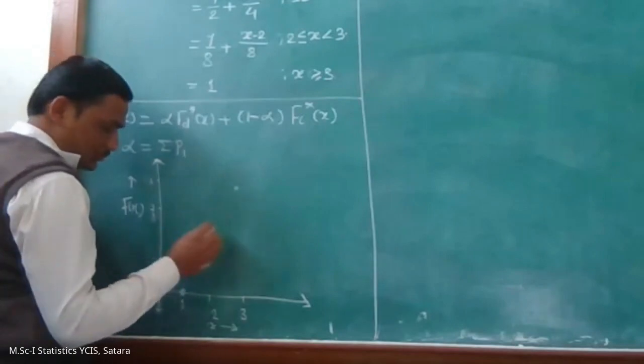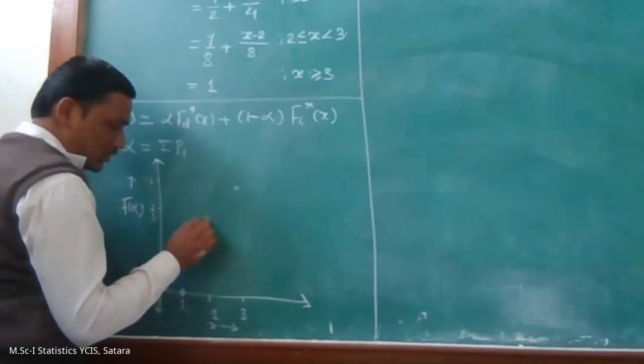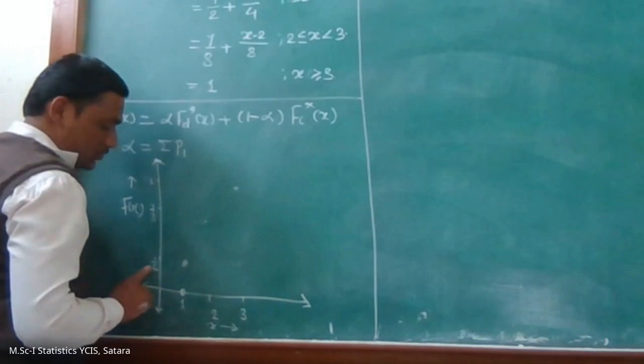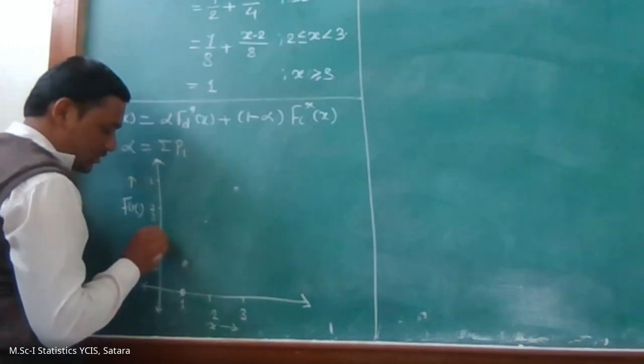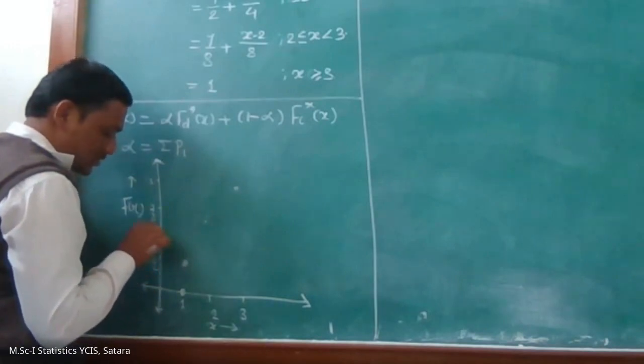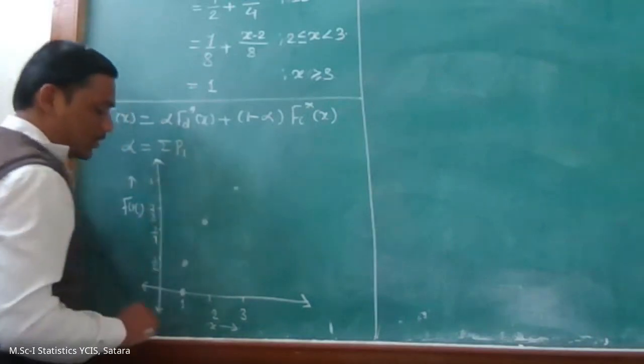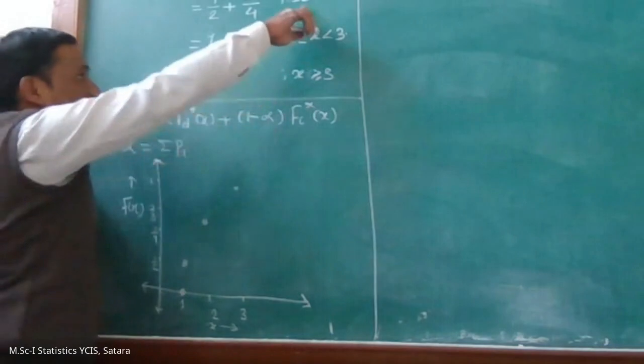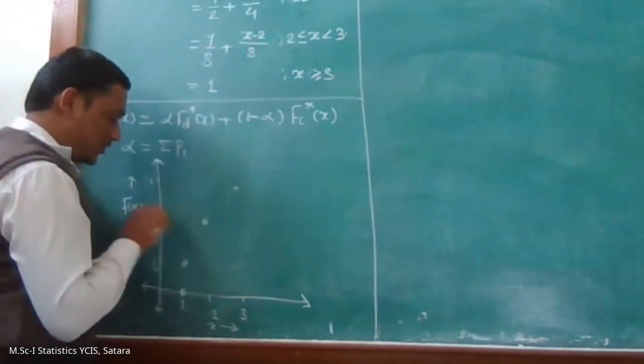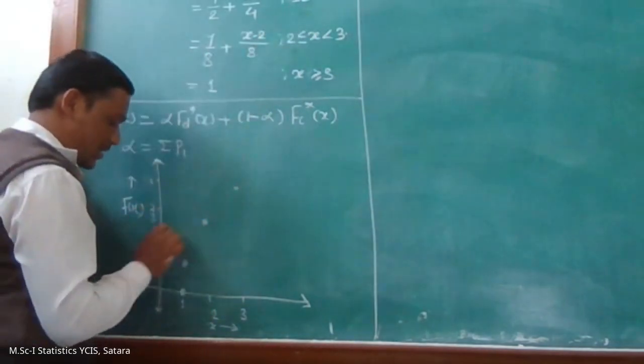So for 1 to 2, the value reaches 3/4. Then for x equal to 2, the value is 7/8.